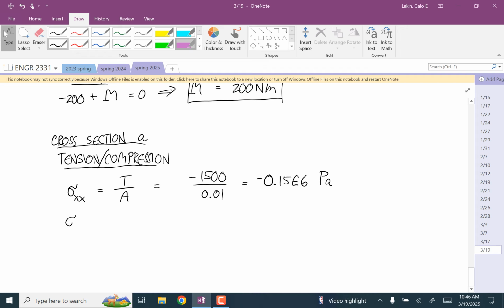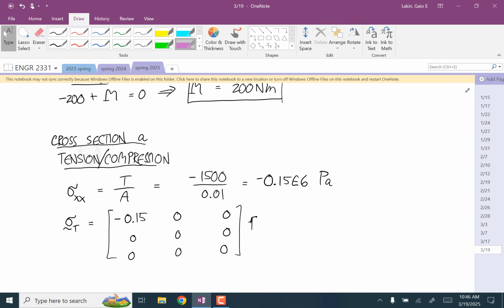And so the stress tensor due to tension compression is negative 0.15, zeros everywhere. This is megapascals.